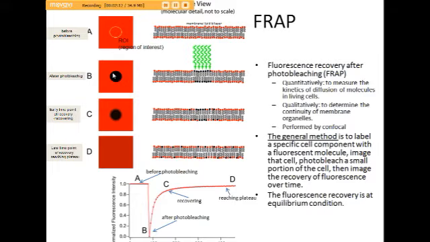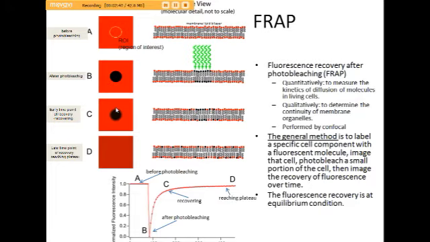It is very possible because laser scanning confocal generally could be equipped with a very high power laser. This is from the side view. You can see that within this region, the red fluorescence molecules become photobleached, and they appear dark because they are photobleached, while the outside lipid molecules are still fluorescent.